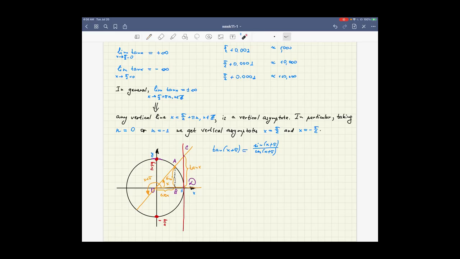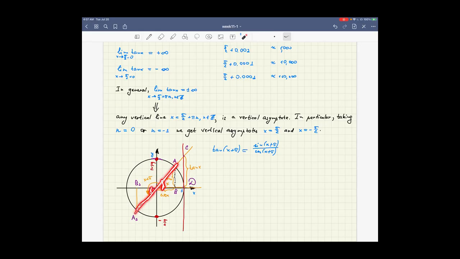And if we ask the question about the coordinates of this point, it's easy to argue that by equality of triangles OAB and OA1B1, they are indeed equal. These angles are equal. This is one straight line.